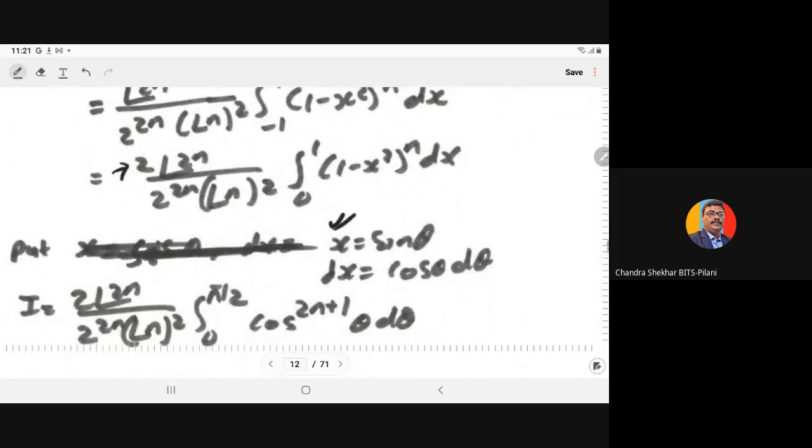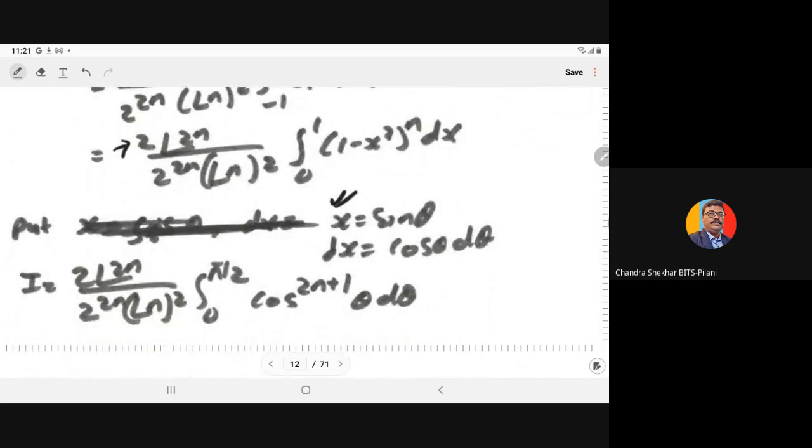So our integral will become 2 into factorial 2n upon 2 to power 2n factorial n whole square, integral 0 to pi by 2. Instead of 0 to 1, now it becomes 0 to pi by 2, and 1 minus sine square theta will become cos square theta power n. So cos to power 2n into cos theta, so it will become cos to power 2n plus 1 theta d theta.